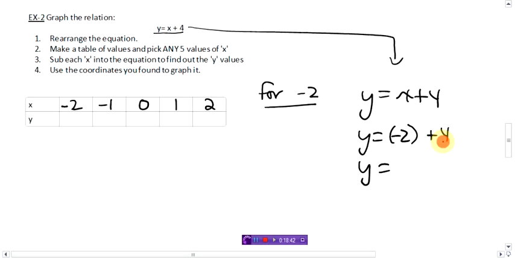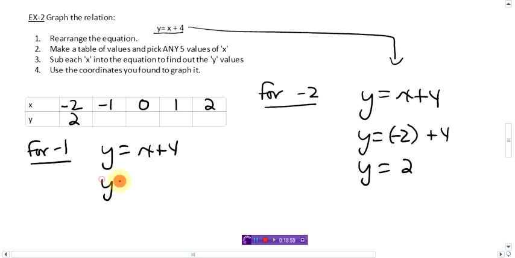Negative 2 plus 4 is 2. So when it's negative 2, the y is positive 2. Okay, let's do it for negative 1. So for negative 1, y equals x plus 4. Let's sub a negative 1 into the equation. Y equals negative 1 plus 4. You're down 1. You're up 4. You're at 3.